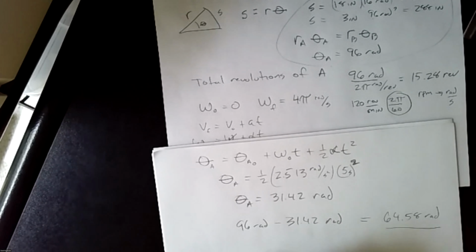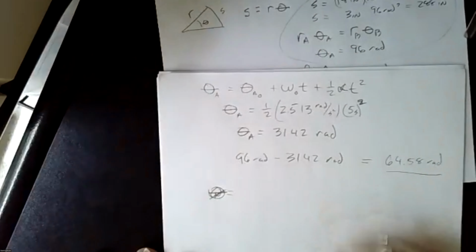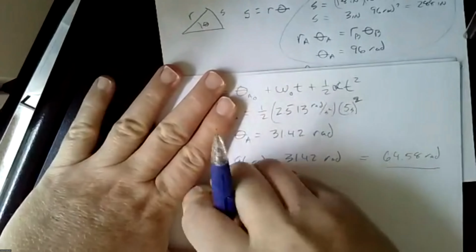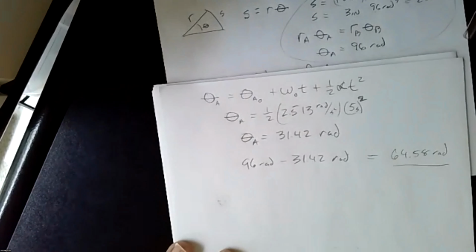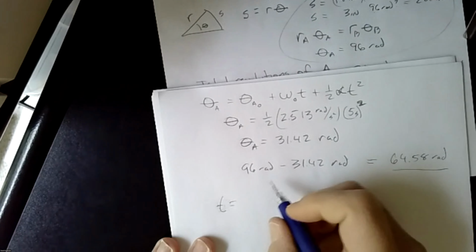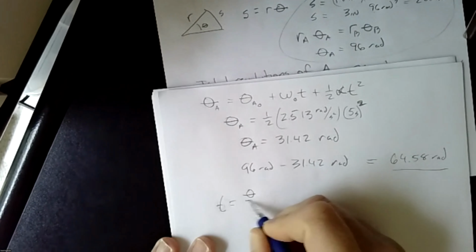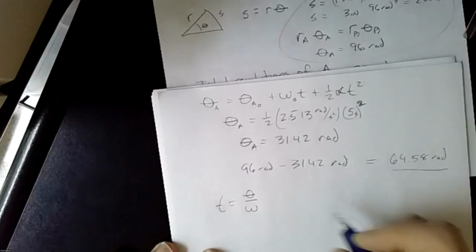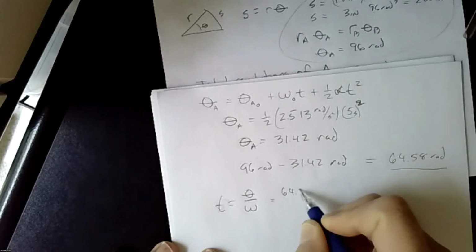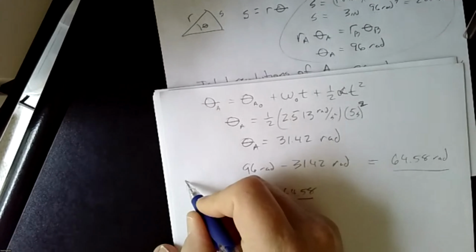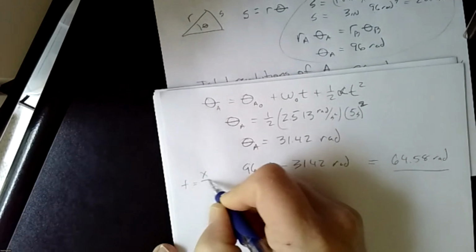Theta is equal to omega t, so t is theta over omega, no different than t equals x over v.